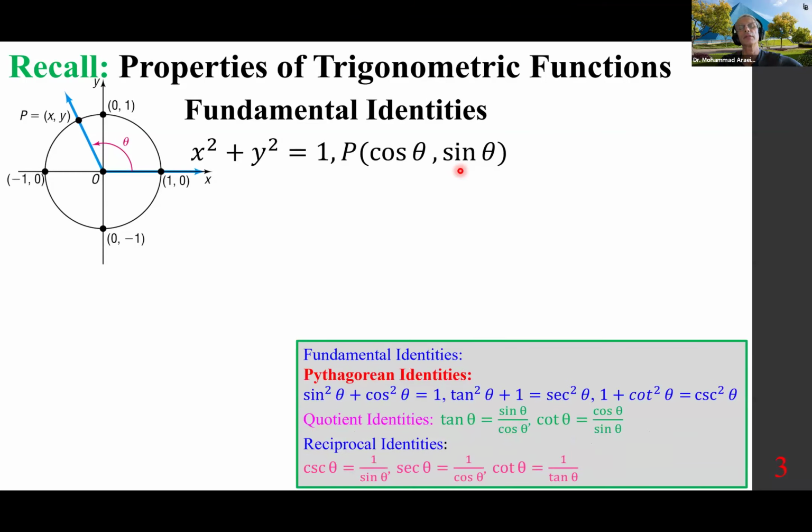Some of the fundamental identities that we should know: Pythagorean identity, sine squared plus cosine squared equals 1. There are two more. Quotient identities: tangent is sine over cosine, cotangent is cosine over sine. Reciprocal identities: cosecant is 1 over sine, and the rest of it.